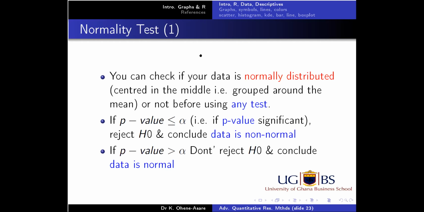One of the things you will notice is that whenever the p-value is greater than the alpha, the data is normally distributed. But what do we mean by the p-value? And what do we mean by the alpha? Alpha is the level of significance. I'm telling you things that you have to learn on your own.